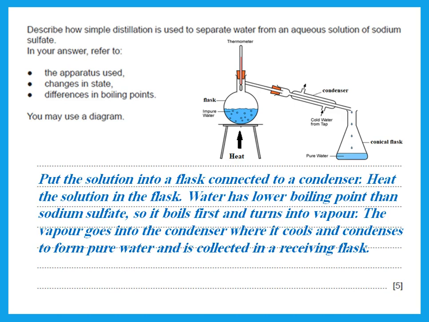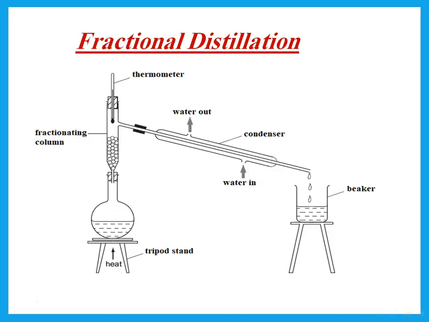We say put the solution into a flask connected to a condenser. Heat the solution in the flask. Water has lower boiling point than sodium sulfate, so it boils first, turns into vapor. The vapor goes into the condenser where it cools and condenses to form pure water and is collected in a receiving flask. This is how we explain simple distillation.